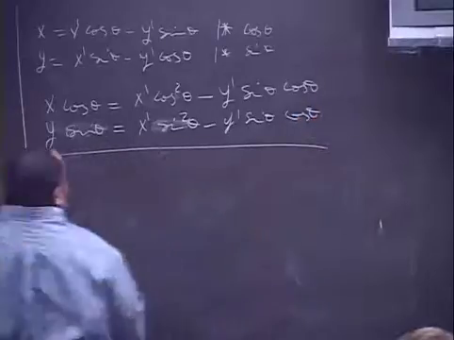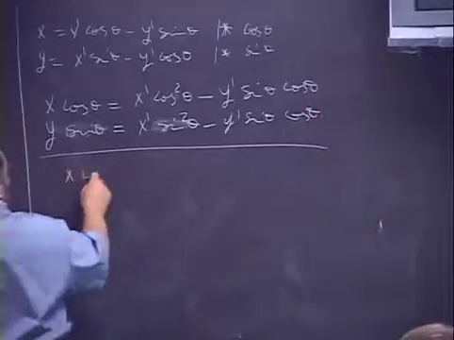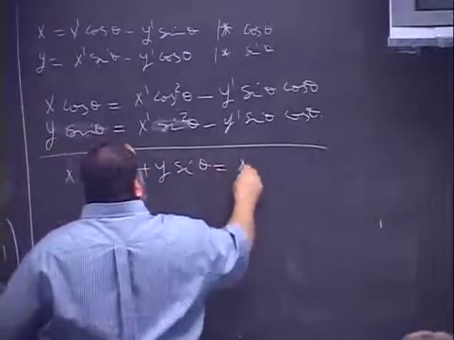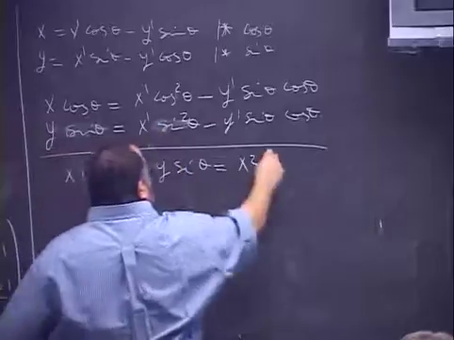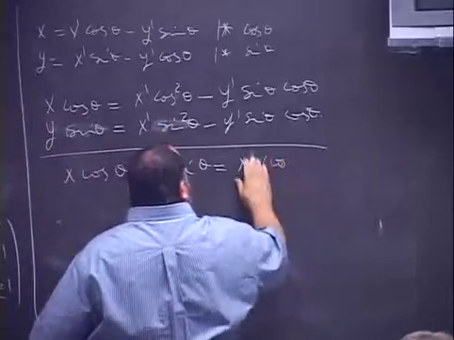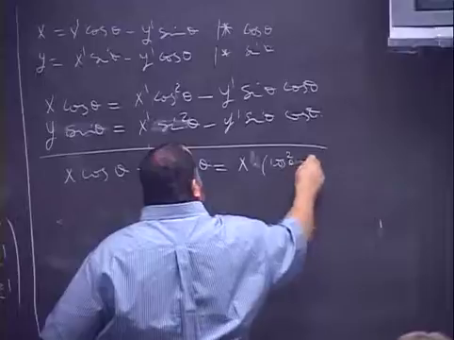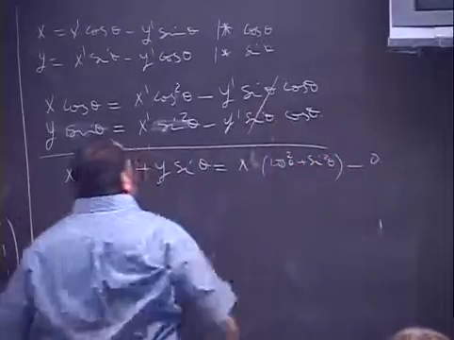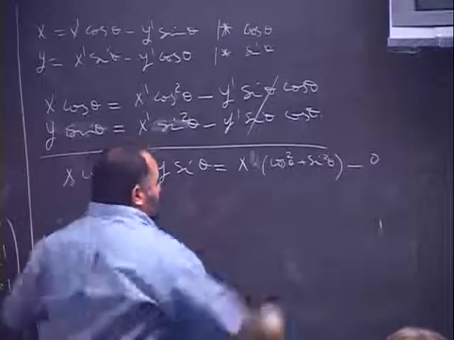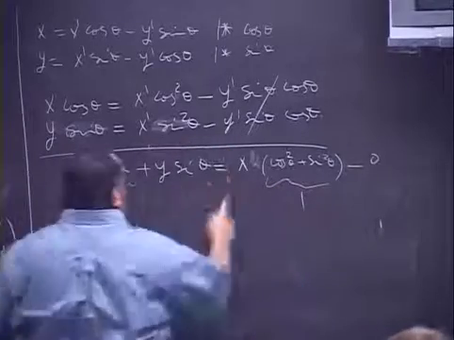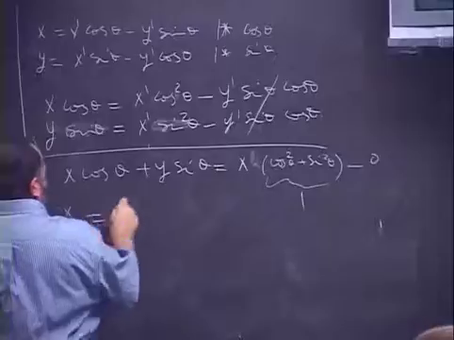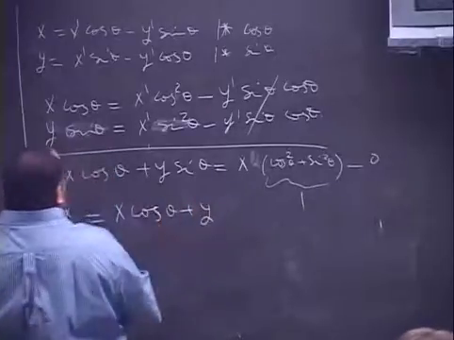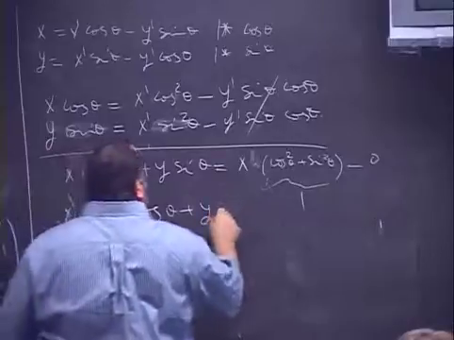If you add those together, what will you get? X cosine theta plus y sine theta equal to x prime cosine square theta plus sine square theta minus 0, because this cancels out. What's this? 1. So x prime equals x cosine theta plus y sine theta.